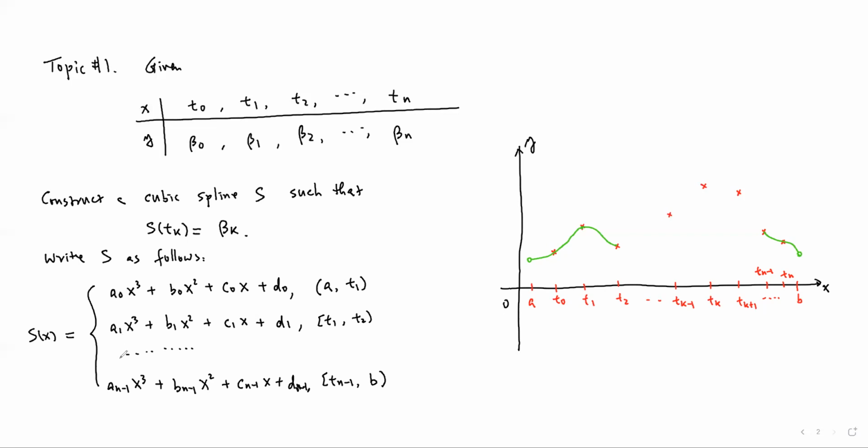From A0, A1 to A(n minus 1). n polynomials. Each polynomial has 4 coefficients to determine. So in total, there are 4 times n coefficients to determine.